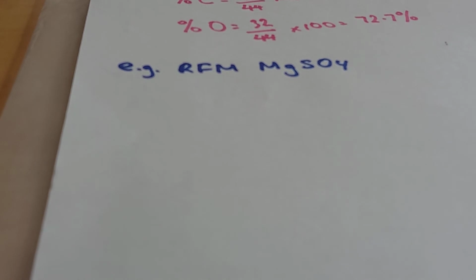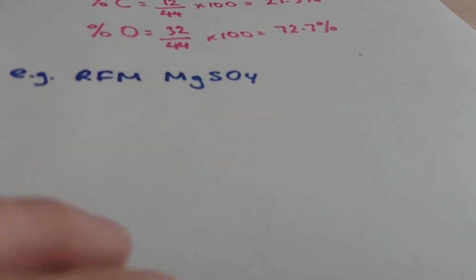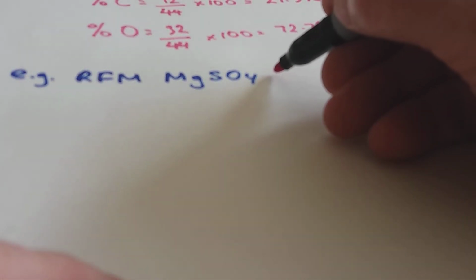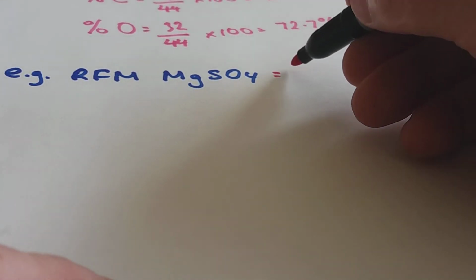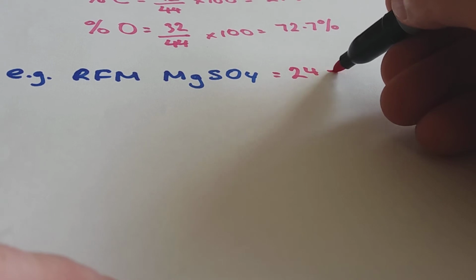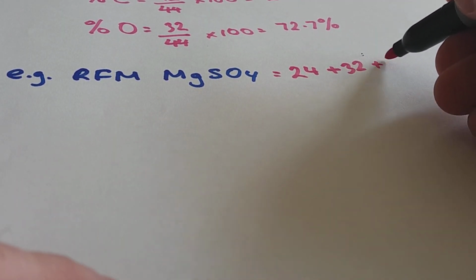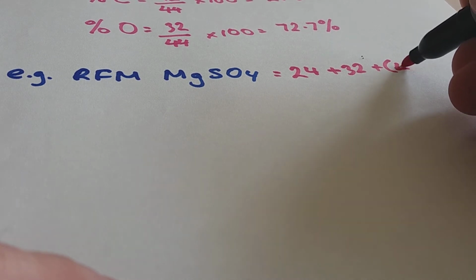Now, slightly harder. We've got 3 elements here this time, but the method is exactly the same. So, let's work out the relative formula mass of magnesium sulfate. The magnesium, 24. Sulfur, 32. And we've got 4 oxygens, 4 times 16.